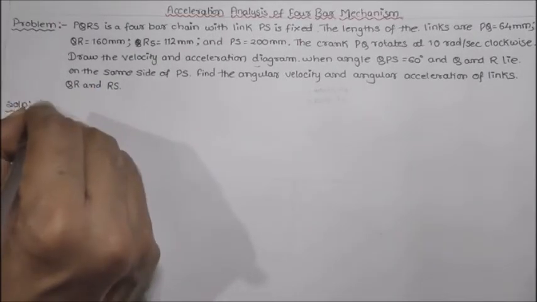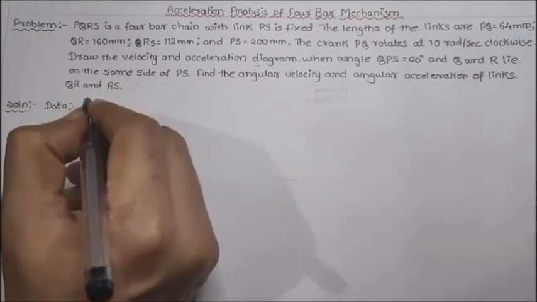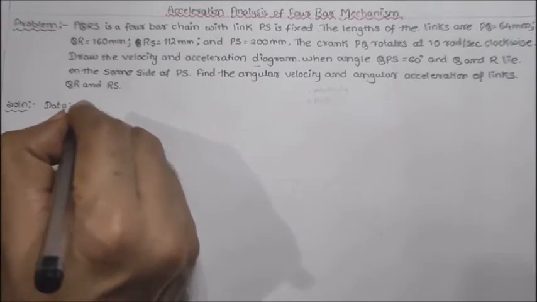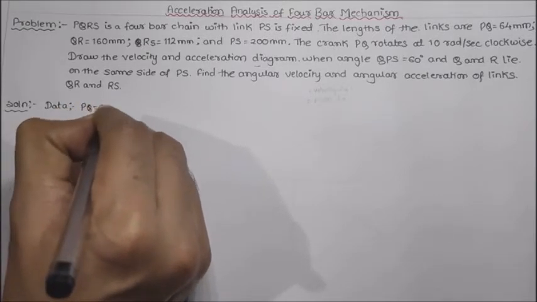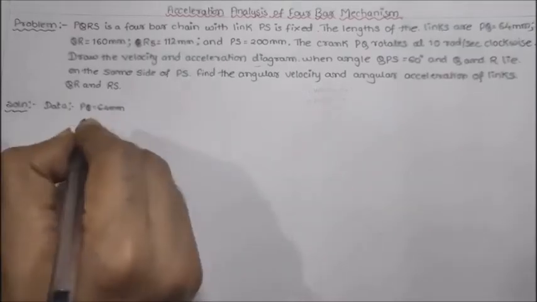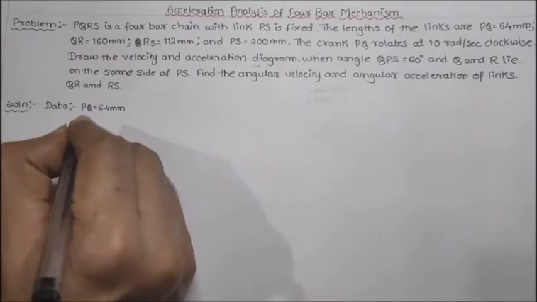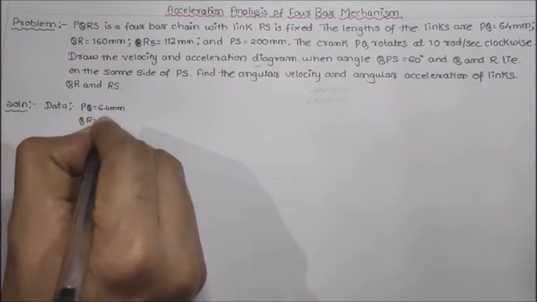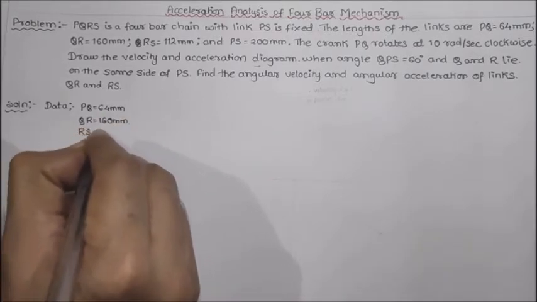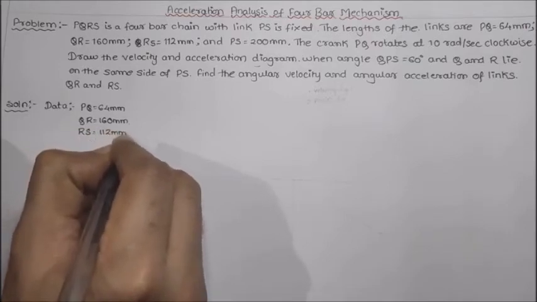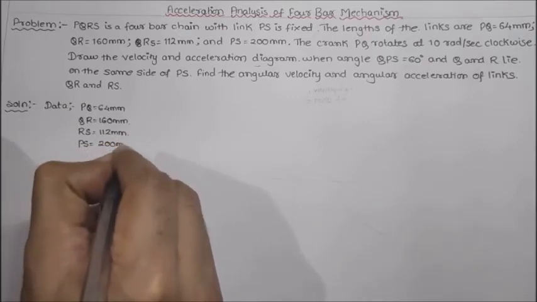Then we'll write the data as usual. So here data given: PQ equal to 64 mm. We need to convert it into meter, which we will be doing at a later stage. QR equal to 160 mm, RS equal to 112 mm, PS equal to 200 mm.